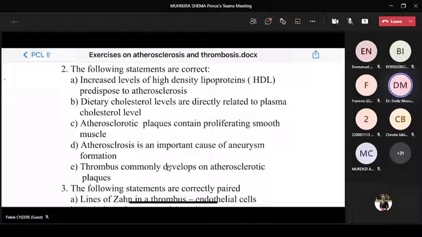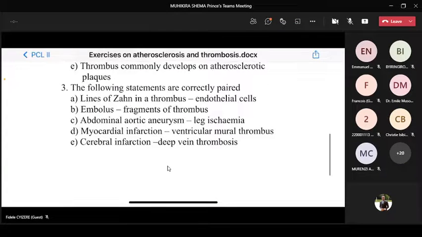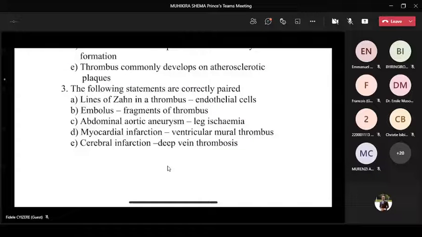Yes, atherosclerosis can cause an aneurysm because atherosclerosis will cause dilatation of the blood vessel. Okay. Let's go to number 3.